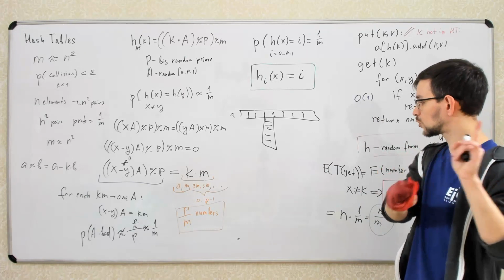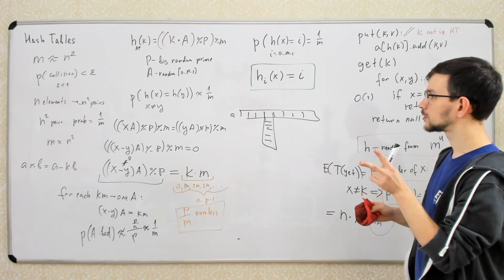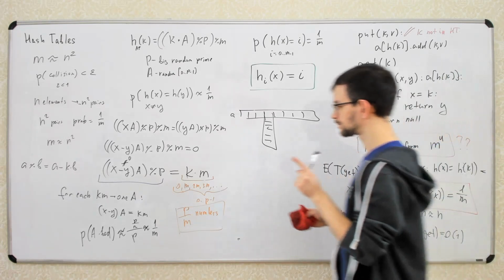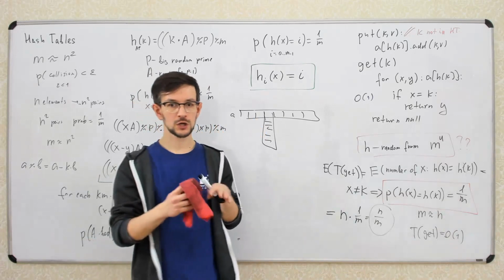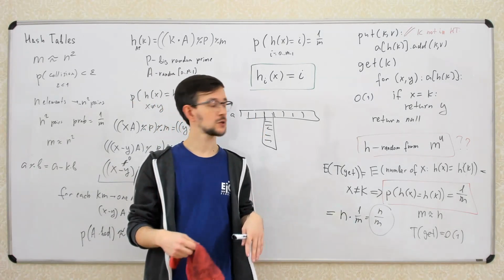Now, there are two more things I want to talk about. The first thing is how to use hash tables when you have not integer values but some different values.